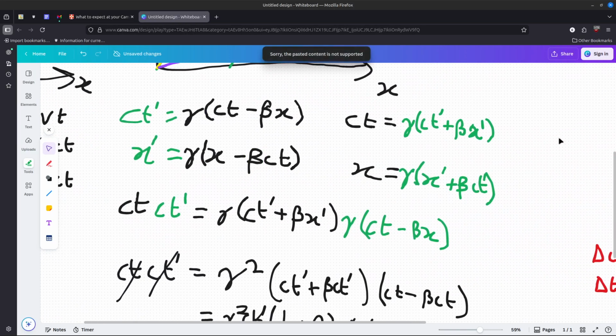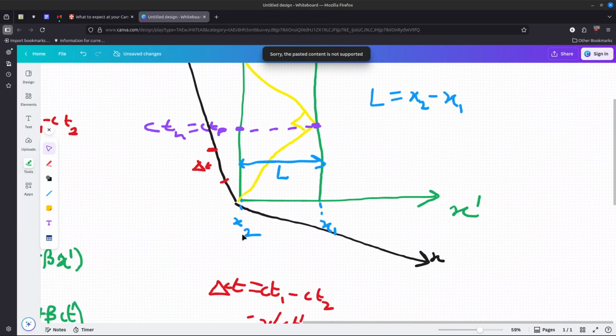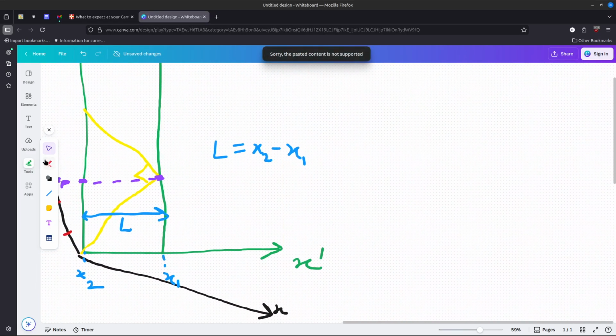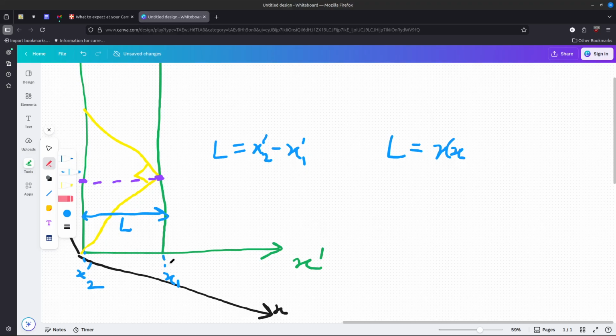So we can then do a similar thing that we did before, where we use these things that we derived earlier to get that L equals gamma, oh sorry, x2 prime, because this is the moving guy's reference frame, so the train's reference frame.